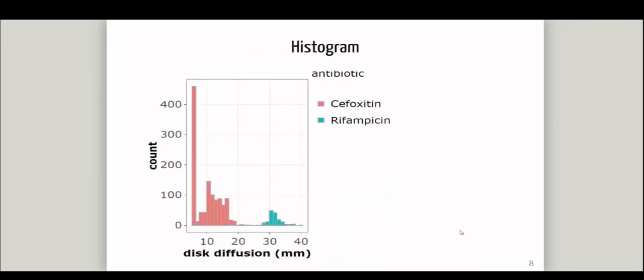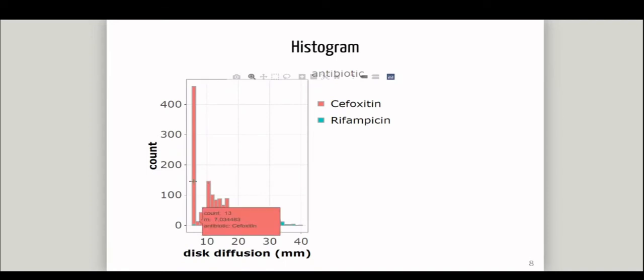A histogram is an approximation of the distribution of our data. The data is often shown in these bars, which are called bins. The data is grouped in bins and then counted by bins.